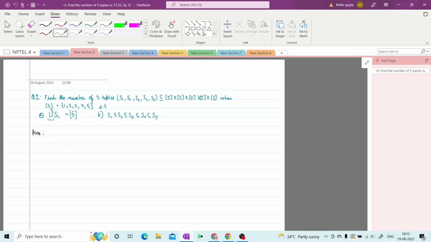So you have to find the number of 5-tuples, that is S1 cross S2 cross S5. Each of these Si is contained in [5]. And the first condition is that the union of Si is equal to [5], which is 1, 2, 3, 4, 5.